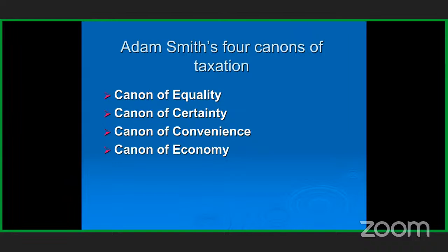Next, the canon of convenience. According to Adam Smith, the third canon of taxation is canon of convenience. This canon of convenience states that every tax ought to be levied at the time or in the manner in which it is most likely to be convenient for the contributor to pay it.